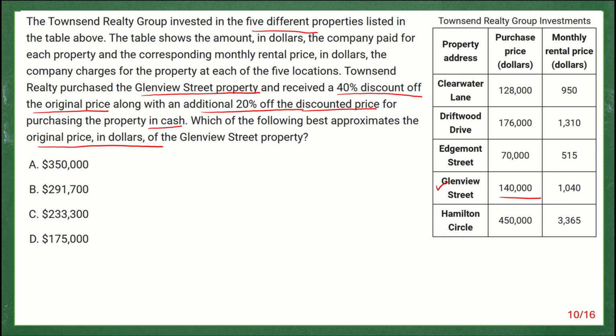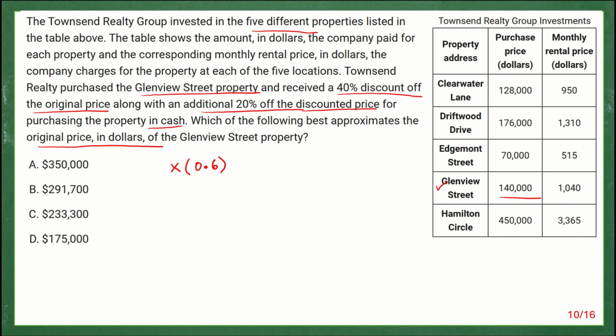Okay, so let's say we assign a variable for the original price as x, and let's start applying the discount. For the very first thing, they have mentioned that they receive a 40% discount off the original price. Now, if I want to calculate a discount of 40%, meaning that they have paid 60% of the listed price, so it will be x times 0.6 we have.